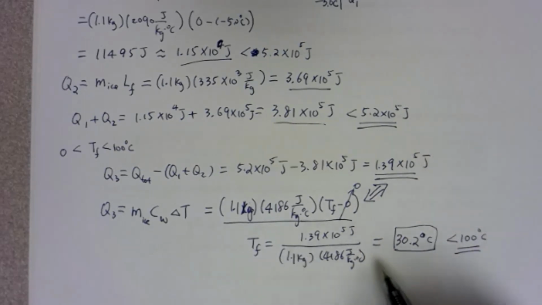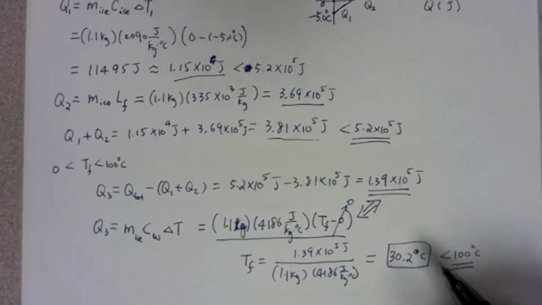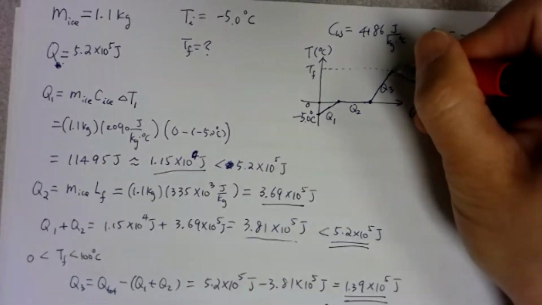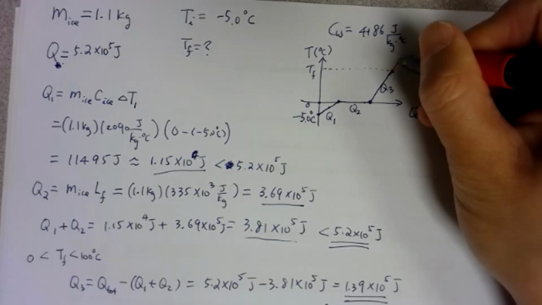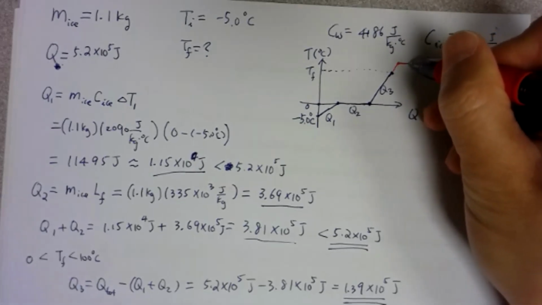If you get a number here greater than 100 degrees, that means the water reaches 100 degrees, and in that case you might have to reconsider what happened here. It will reach 100 degrees somewhere here, and then it will start to vaporize.